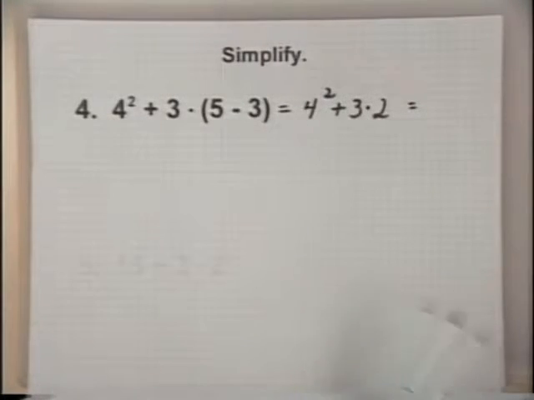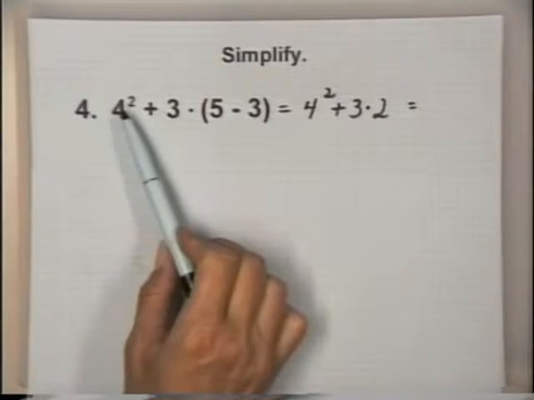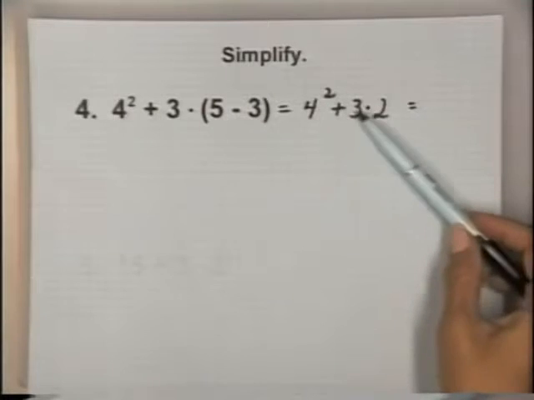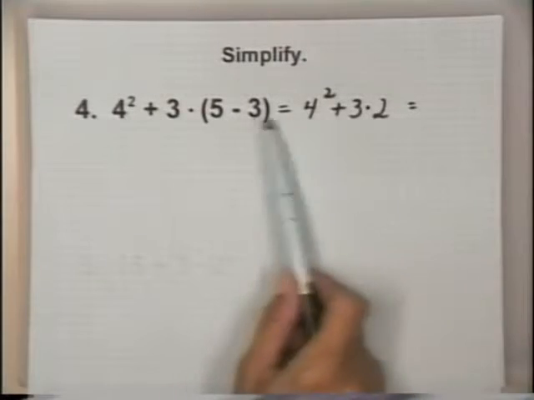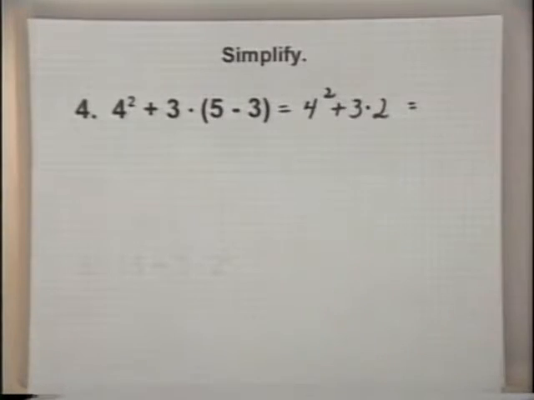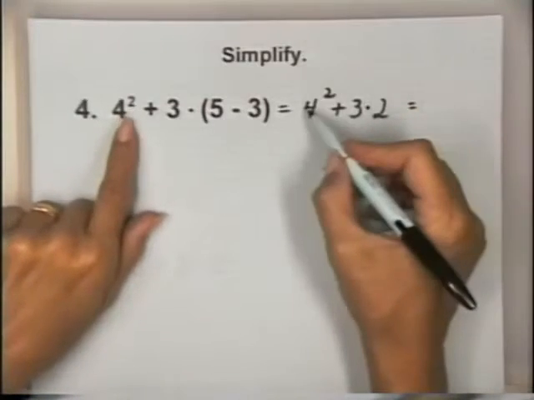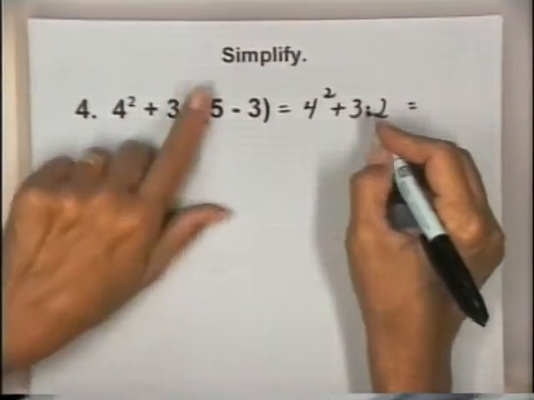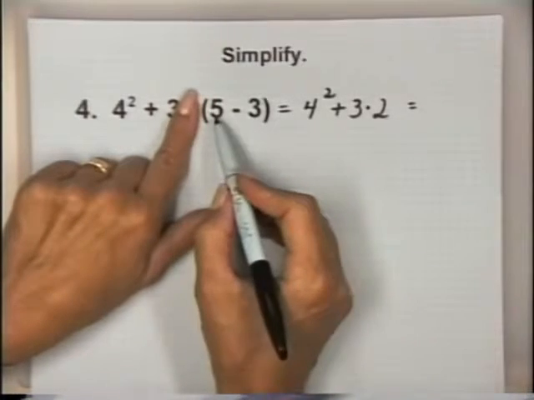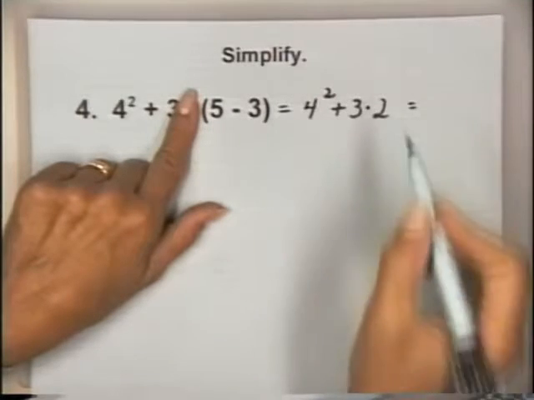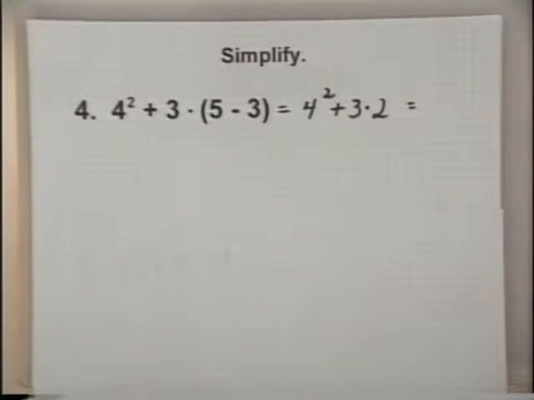Always when you work these problems, write each expression that you are not working with. Sometimes if we don't write everything down, then we forget later to perform the operation on it. So be very careful and go ahead and write your 4 squared plus your 3 and your times, and then the only thing that I do on this first step is I say 5 subtract 3 and I write the 2 in place of it.